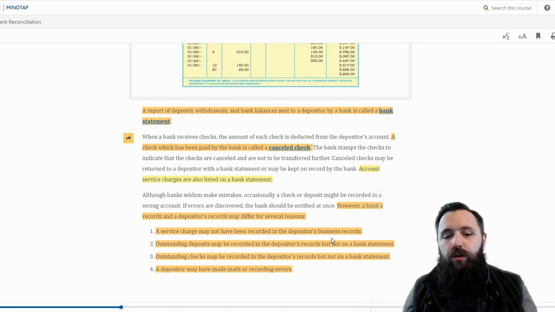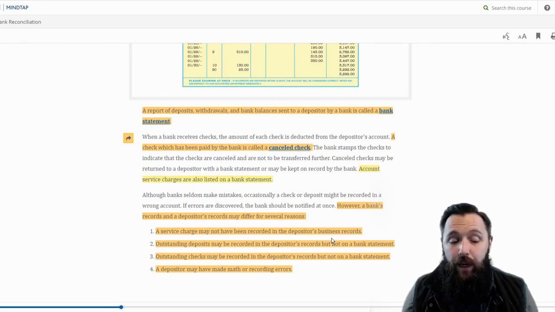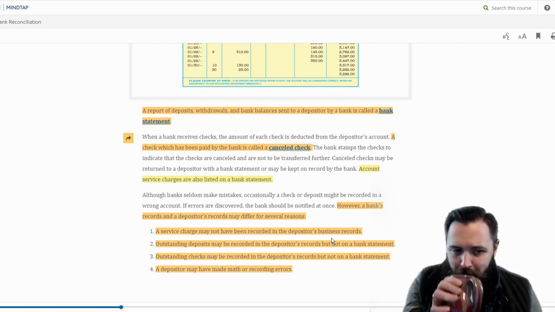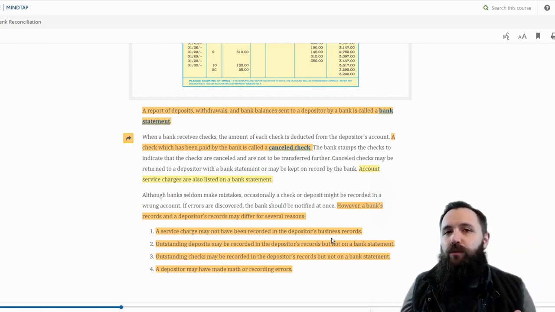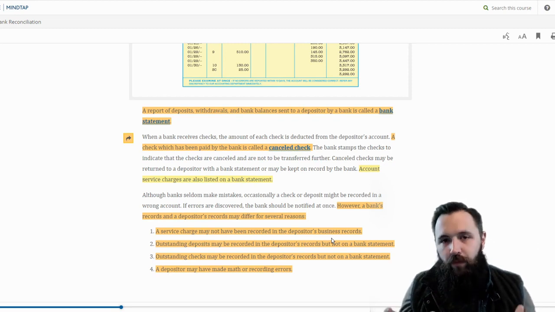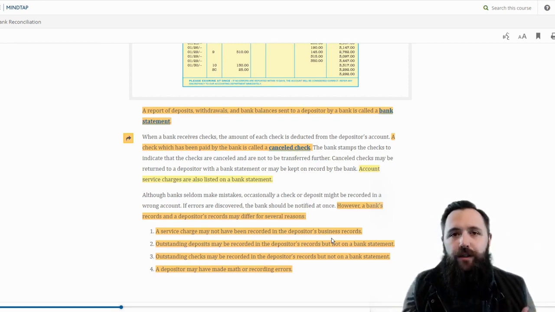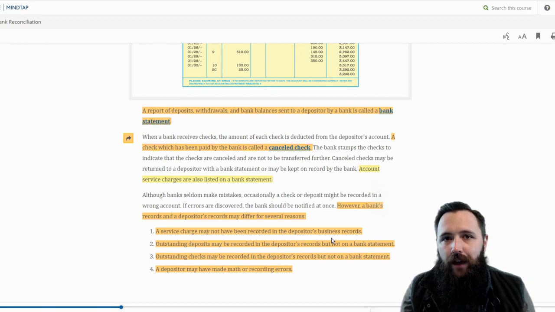Number 2, outstanding deposits may be recorded in the depositor's records, but not on a bank statement. So outstanding deposits, okay? So here, what that's saying is outstanding deposits is when we take, let's say, $2,000 that we've had in sales of cash, right?